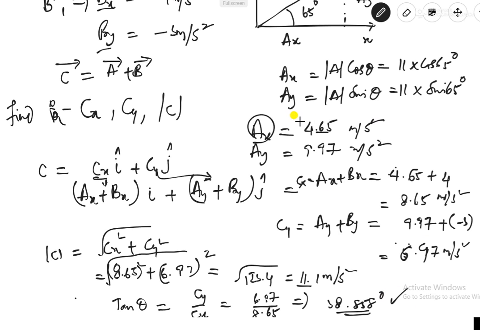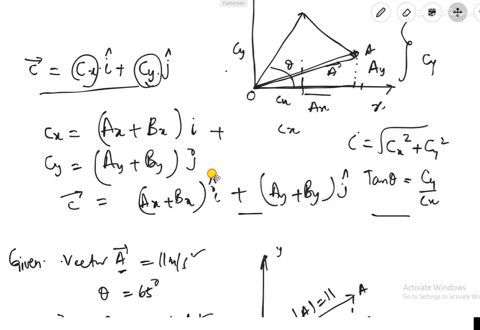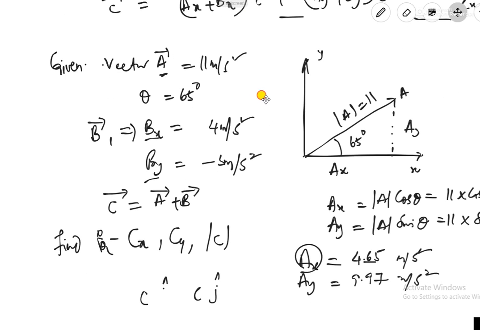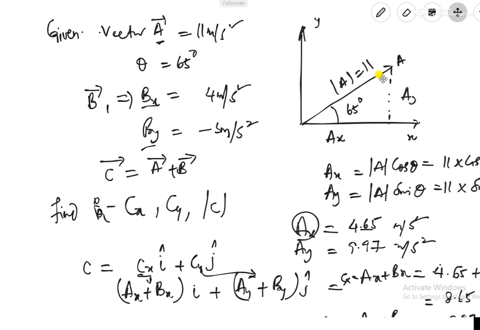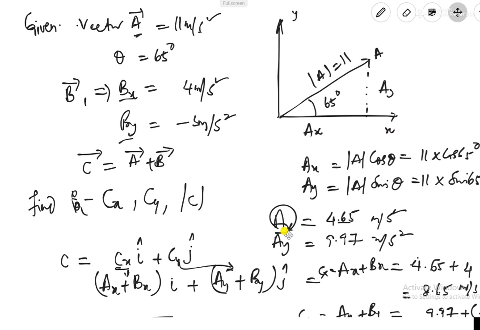Let us see it one more time. Vector A is given as 11, which is a magnitude, and it is making an angle of 65. First we find the components of this vector, Ax and Ay, from the formula with cos theta and sin theta.